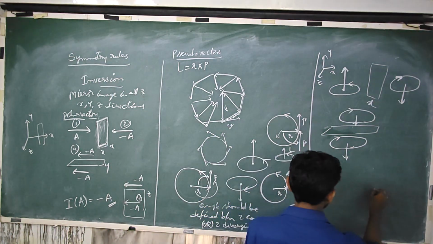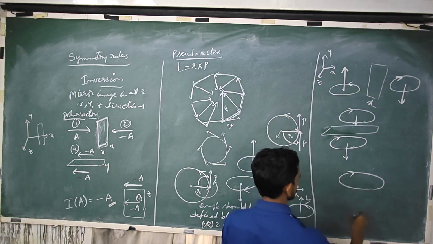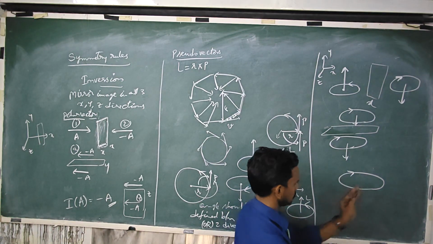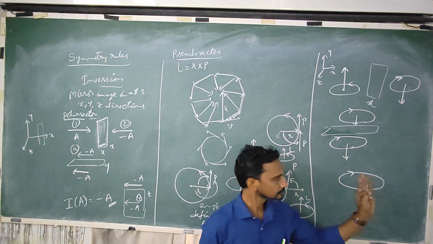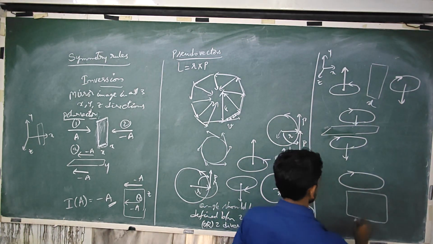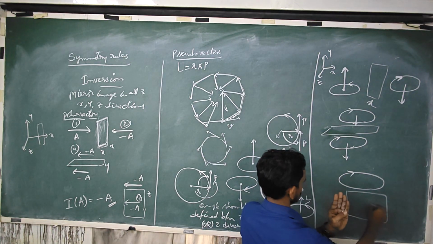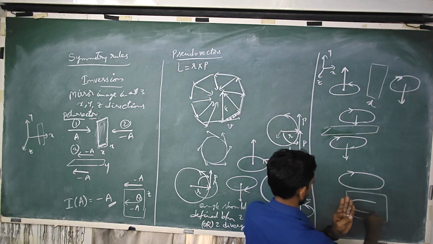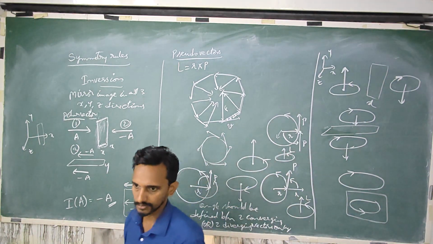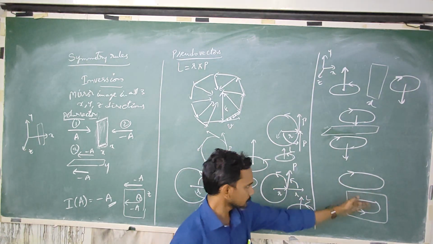Now I take the z mirror. The mirror is facing the board. Which way will you see it? If it is on the other end in the mirror, you will see it at the far end.